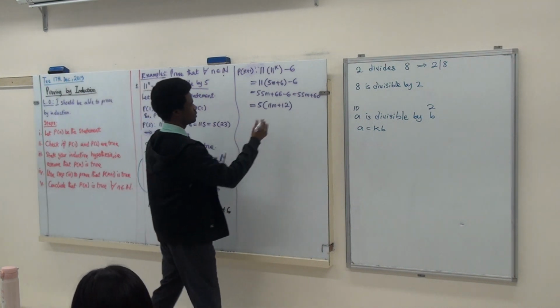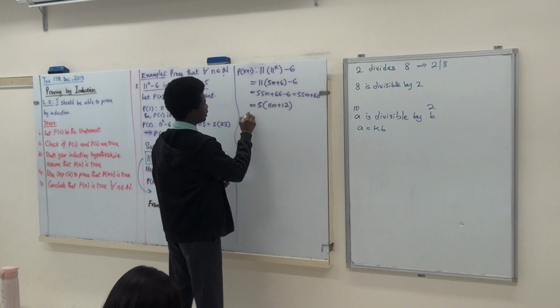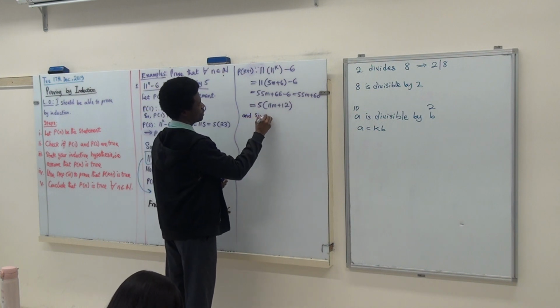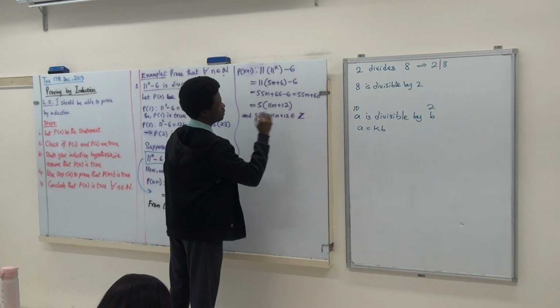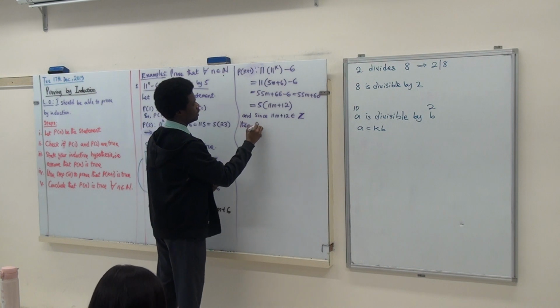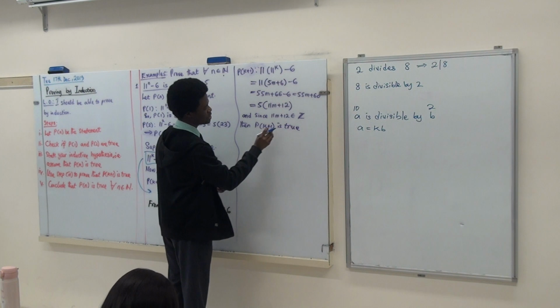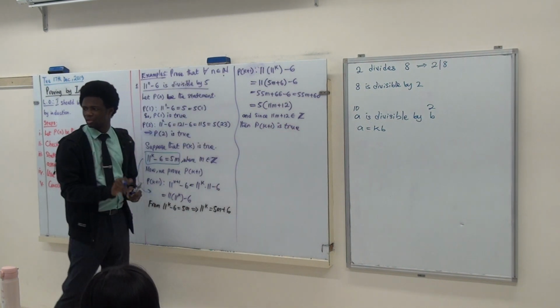So this is divisible by 5. And since 11m plus 12 is an integer, then P(k+1) is true. Can you see? This is like a statement. So that's why I'm not so comfortable with using equal to.